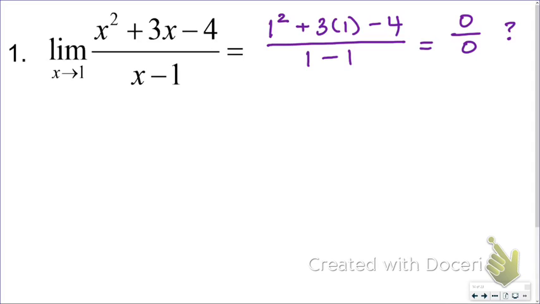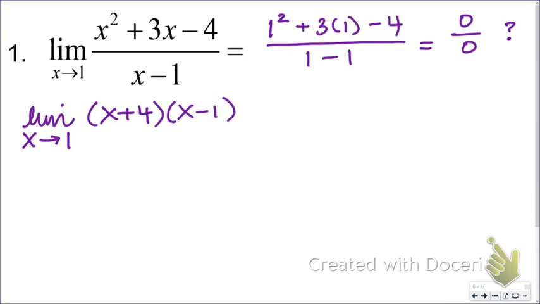Now, does that mean my answer is undefined? Not necessarily. So with limits, you want to say, is there anything algebraic I can do to check if the limit exists? And there is something algebraic I can do. I can factor the expression in the numerator. So that is going to factor into x plus 4 times x minus 1.